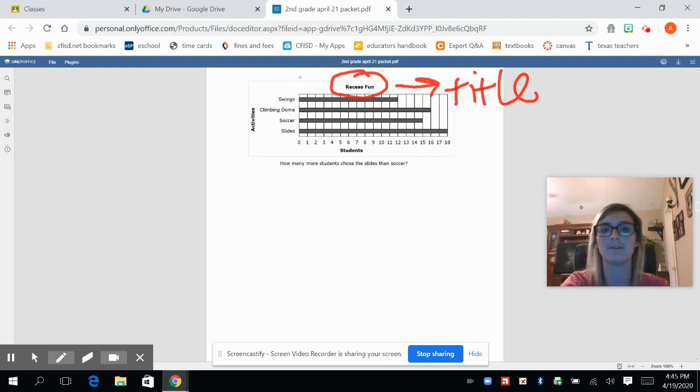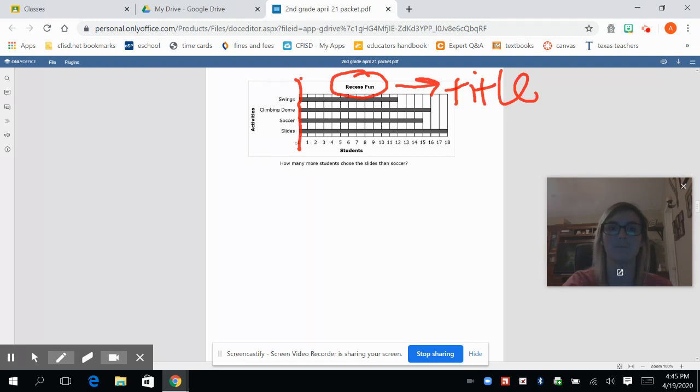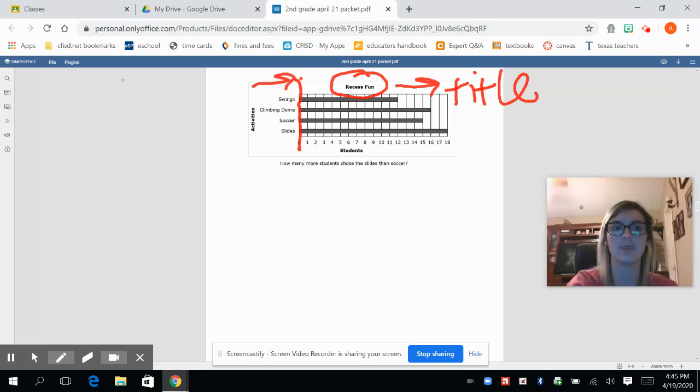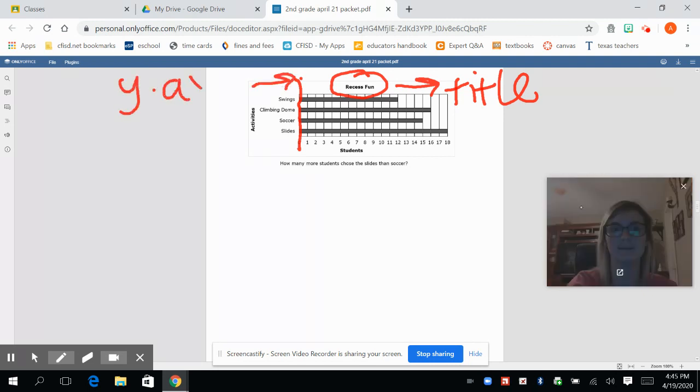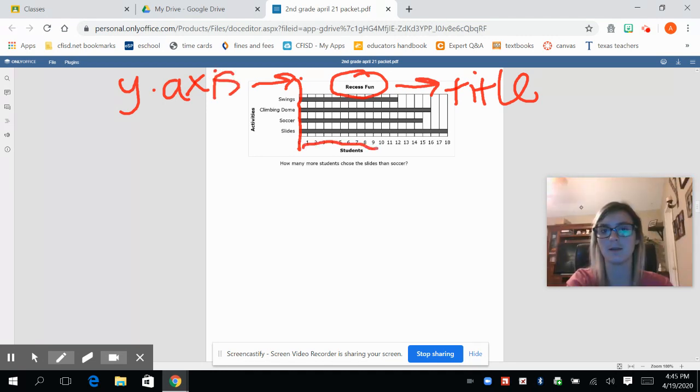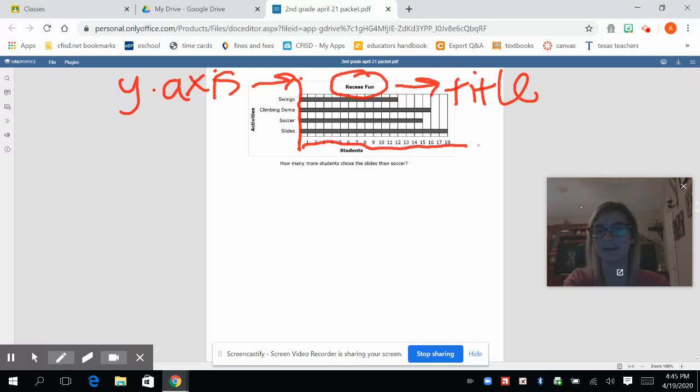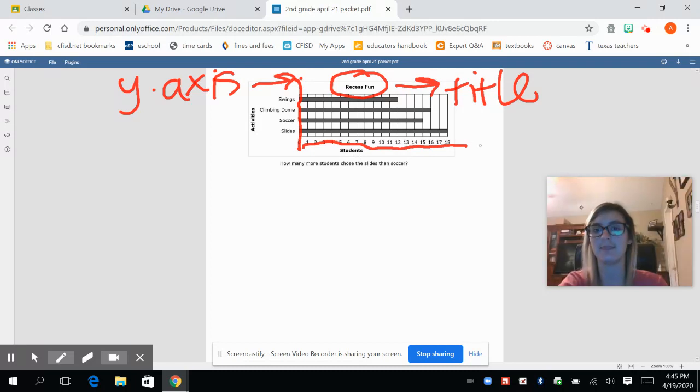Then we have different parts or sides of the graph. Right here on this part, we like to call that the y-axis. And this bottom part, where the student's part is, we like to call that the x-axis.